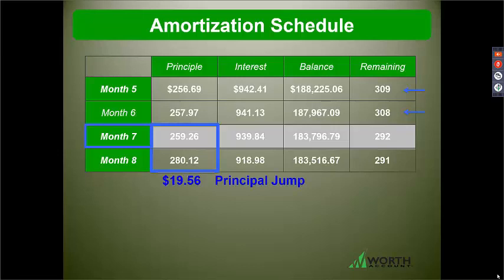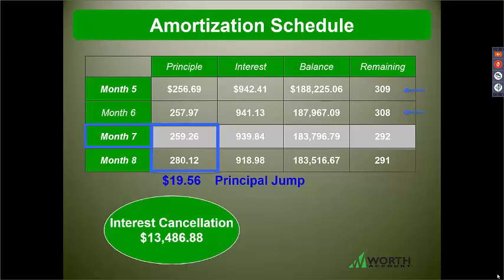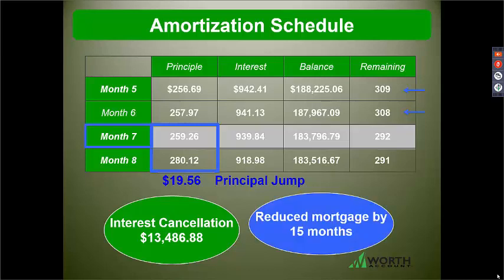So basically, our principal payment just jumped $19.58. We only had $259 going to principal. Now we've got, in month 8, we're going to have $280 going to principal. So that funds transfer just saved us another $13,000 in interest and reduced our mortgage by another 15 months.